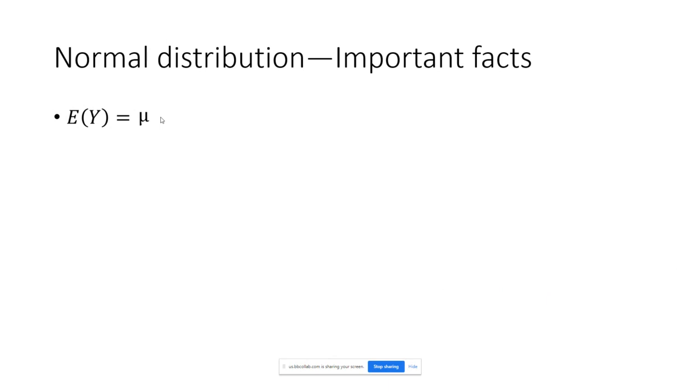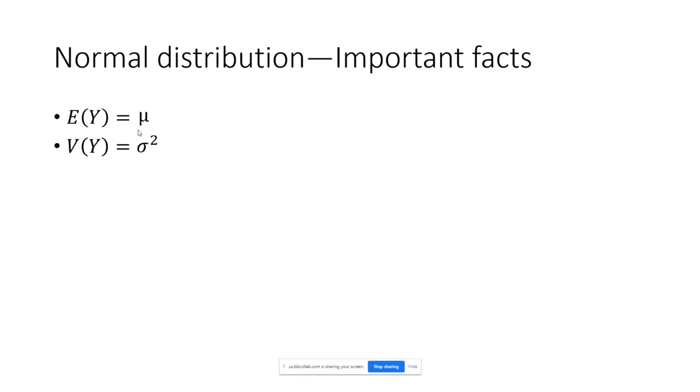So we talked yesterday about PDFs aren't necessarily centered at their means. Their means are sort of the center of mass, but that's not necessarily where the peak is. For a normal distribution, that is where the peak is. And the variance of y is sigma squared.